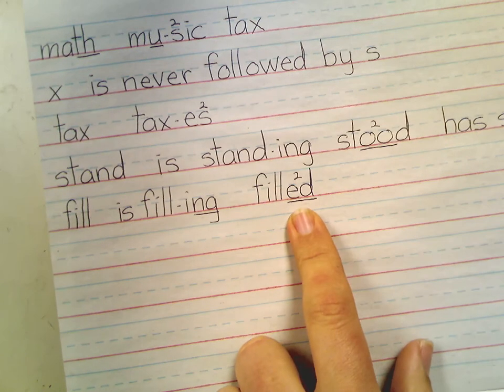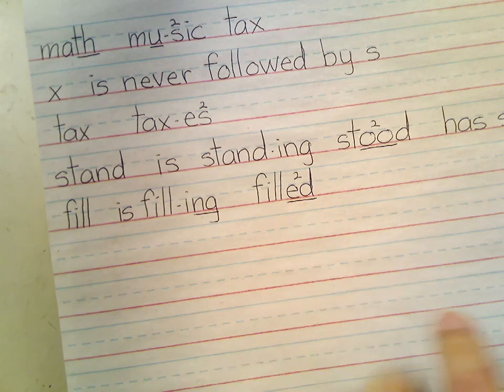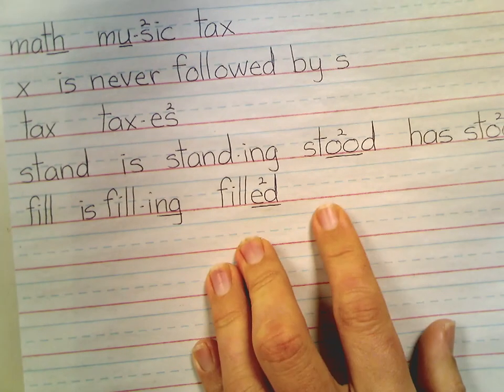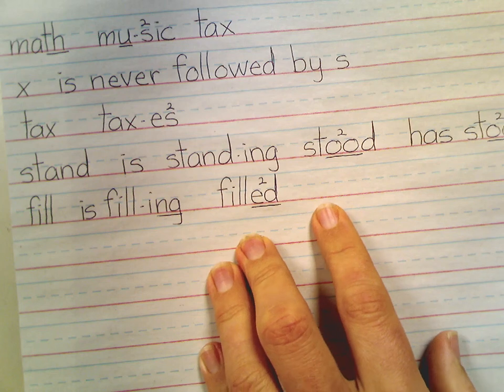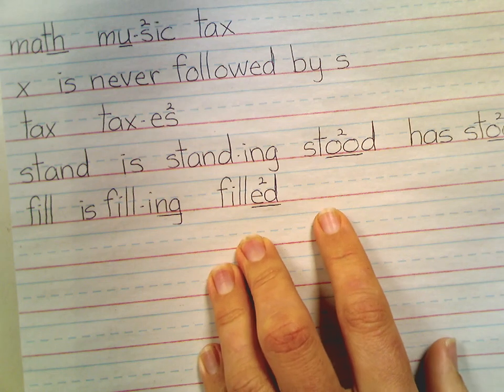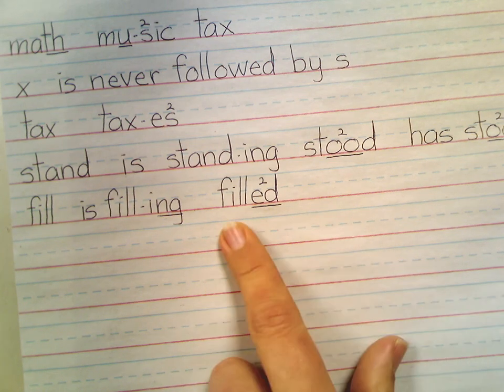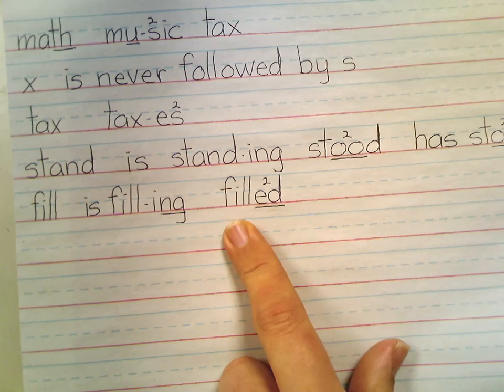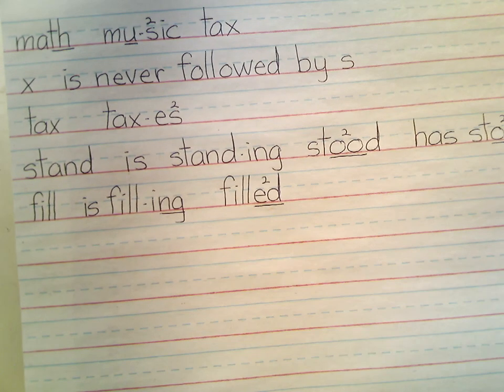Nice job if you're able to get that marking by yourself. All right, and our last tense is just has filled. She has filled her water bottle twice today. Has filled. So again, just write your helping verb has, and then the past tense filled.